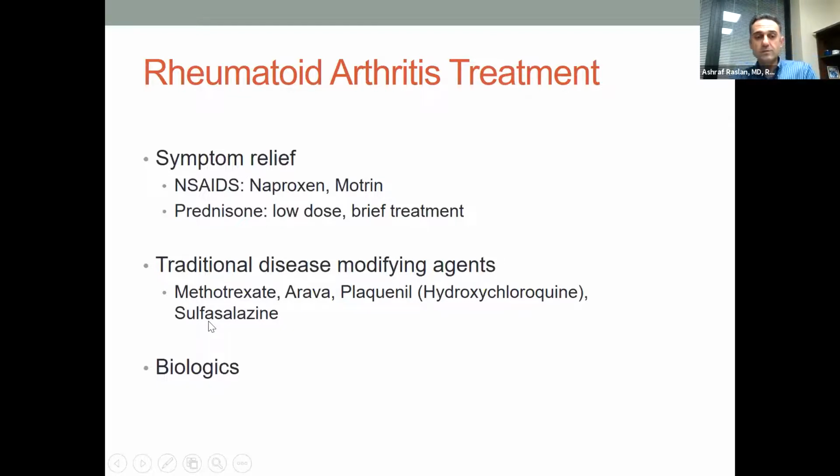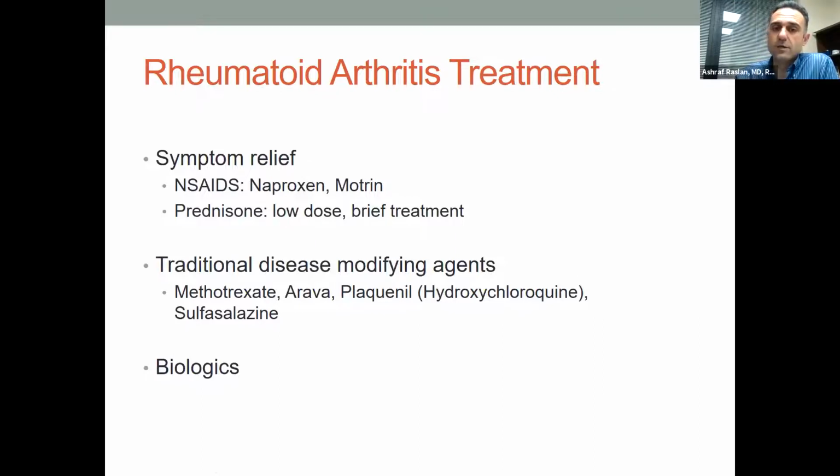So these medications are older, especially methotrexate, which has been used since the 1980s, and hydroxychloroquine since the 1950s actually. And these are good medications. They are effective. We use them usually as a first line, especially methotrexate for most people. The problem with them is they have a little bit more side effects.